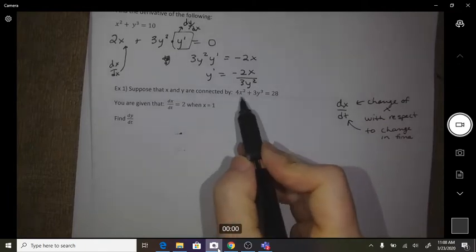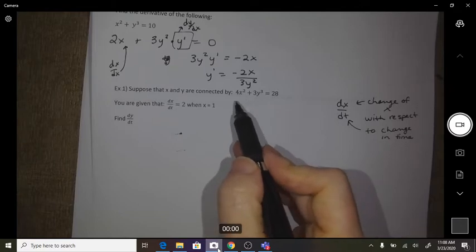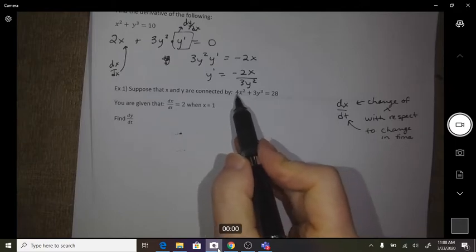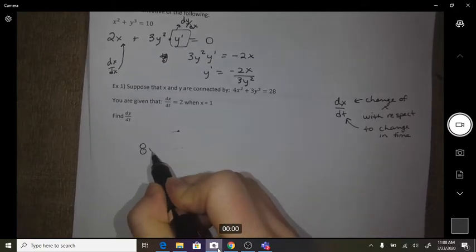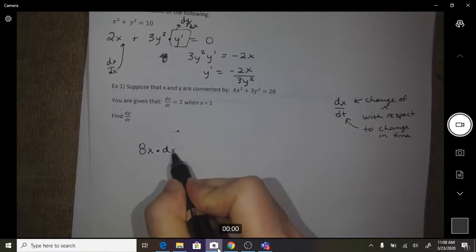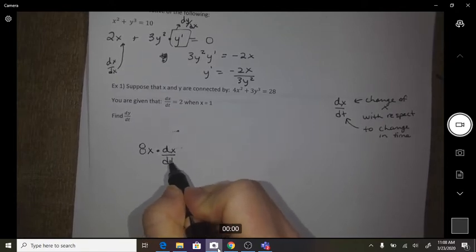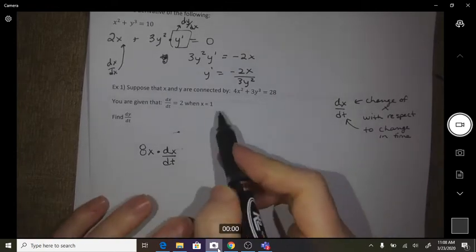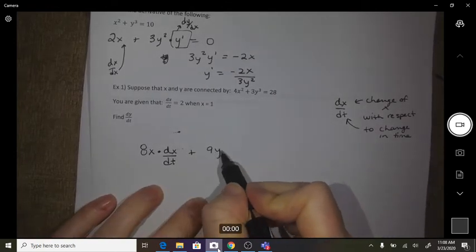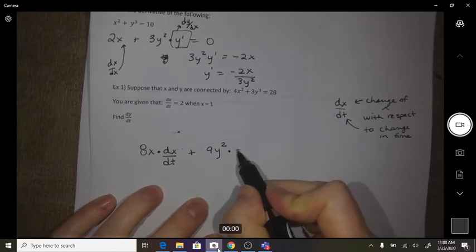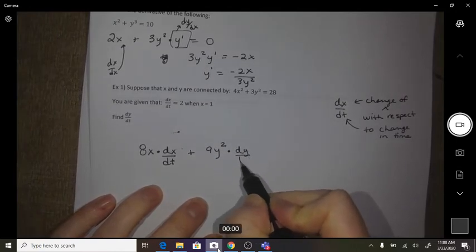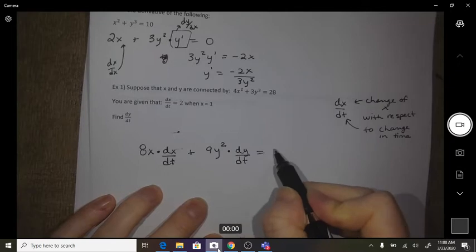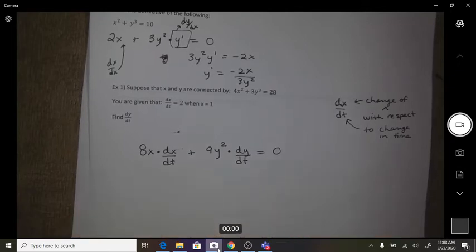Okay, so I'm going to take this, and we're going to implicitly differentiate it. So this is going to be 8x, and we have now differentiated that x with respect to t, and the y term is 9y squared, and we're differentiating the y with respect to time, equals 0.